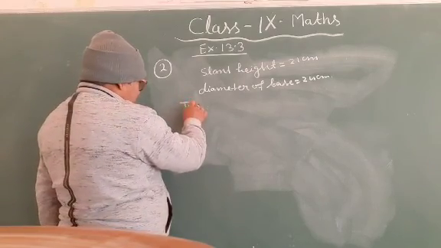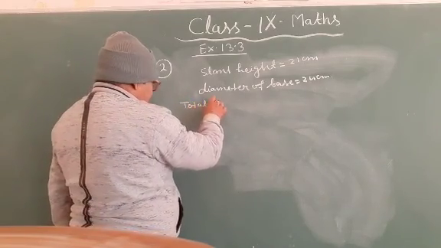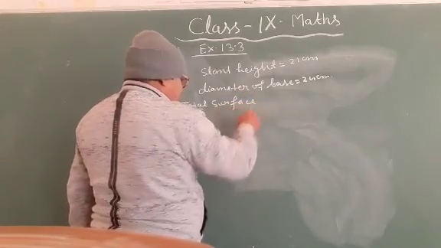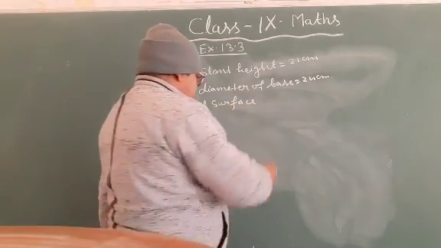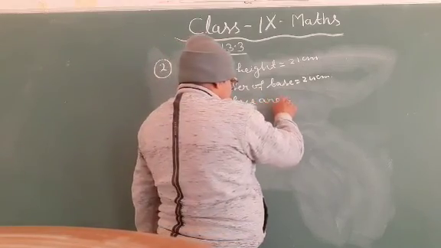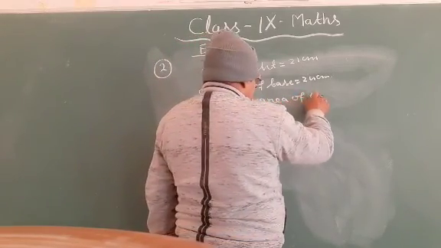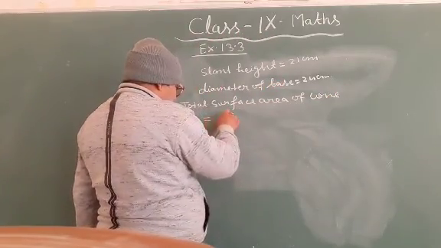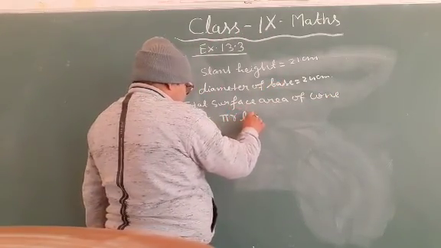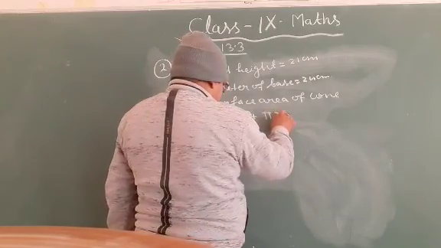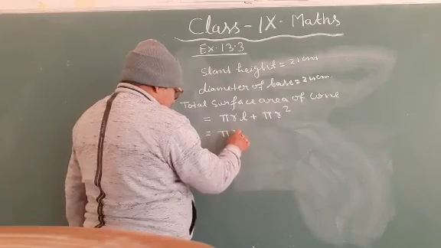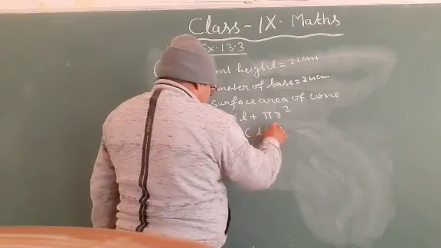Then the total surface area of cone is equal to pi r l plus pi r square. So pi r common, l plus r.